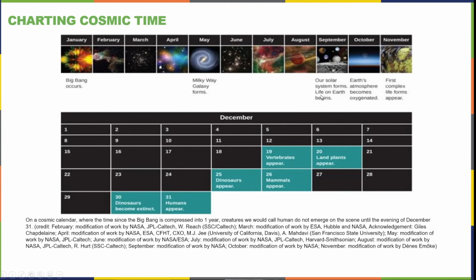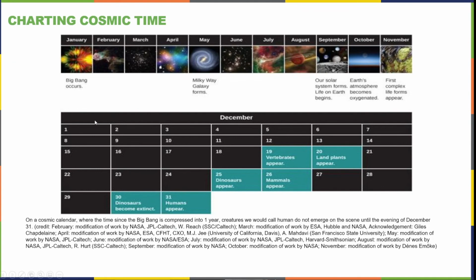Life, the microorganisms, start to begin. September, October, Earth's atmosphere becomes oxygenated. So we have oxygen in our atmosphere. And with that, October, November, this is the 11th month of the year, first complex life forms appear, like plants and tiny creatures. And that's November.